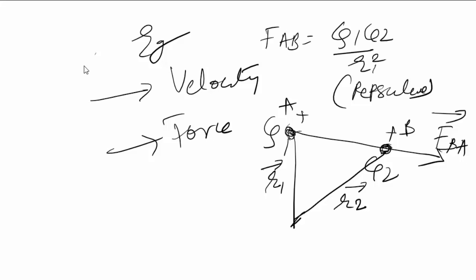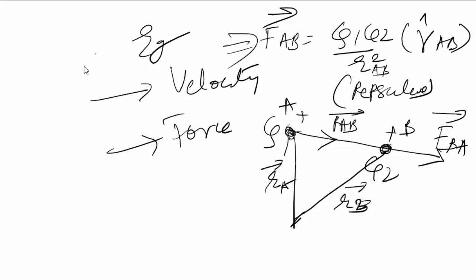Here the R square will be RAB square, or this is RA, this is RB to be more specific. So this is my RAB unit vector, and it is in the direction of A to B. So that's how you are giving a vector force, and you are having this unit vector RAB, which will give the direction in which the force is acting.